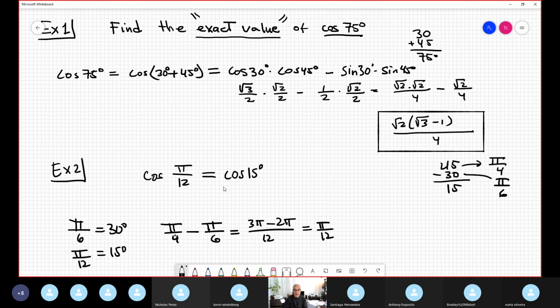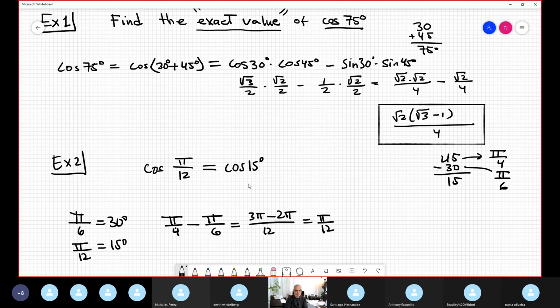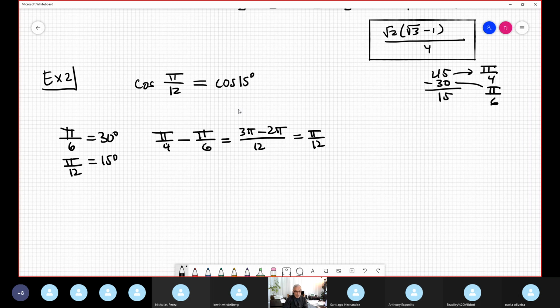Okay, now I'm using the formula again. You can work in degrees or radians. I'm working in the original way the problem was given, radians, pi over 12, but it's the same. So cosine of pi over 12, I discovered, is equal to cosine of pi over 4 minus pi over 6.